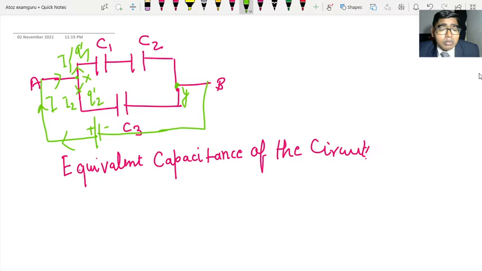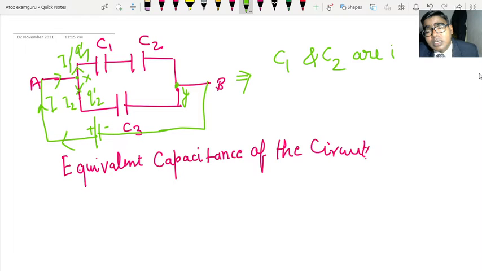So it means that C1 and C2 are in series combination, and C3 is in parallel with C1 and C2.